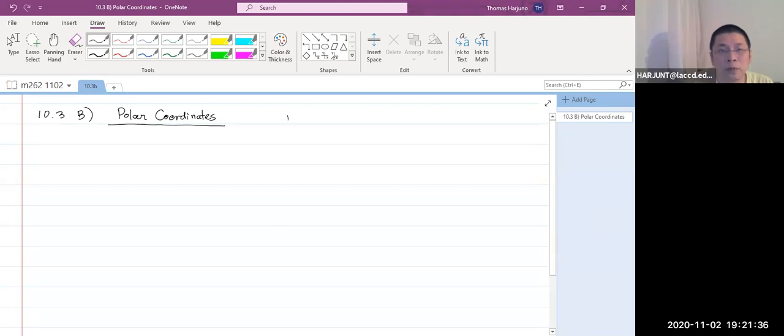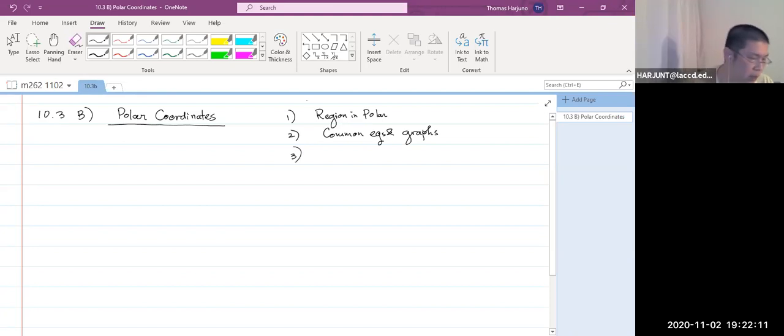First one is the region in polar, and then second, common graphs, common equations, and common graph. And then after that, we'll talk about distance between points.